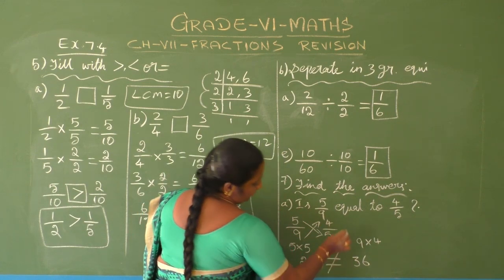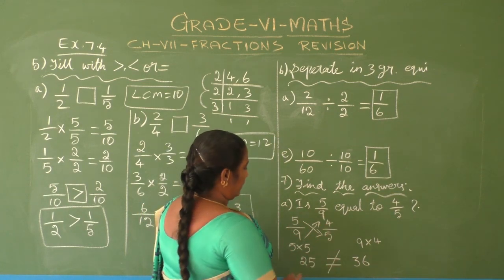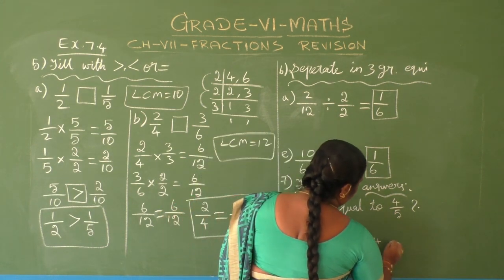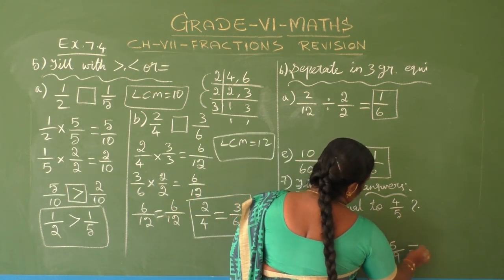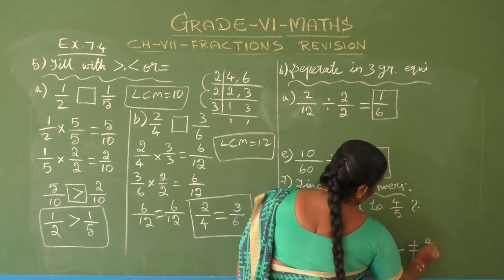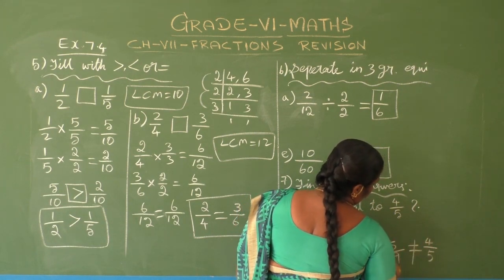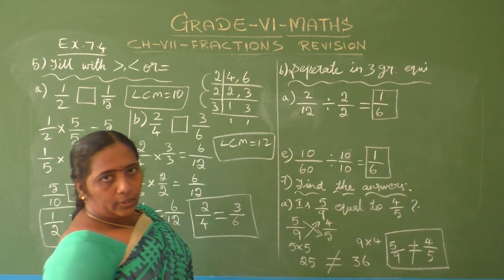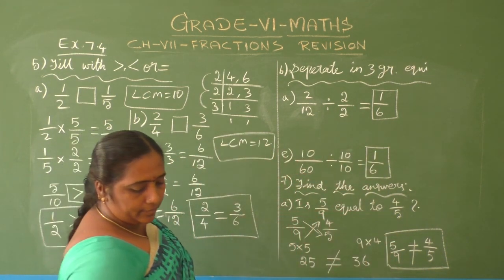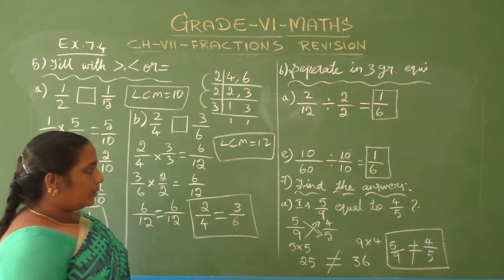So it's not equivalent. Okay? Then we write our original fraction. 5 by 9 is not equivalent to 4 by 5. This is the final answer. Okay, ma? Right. Shall we go to the next one?